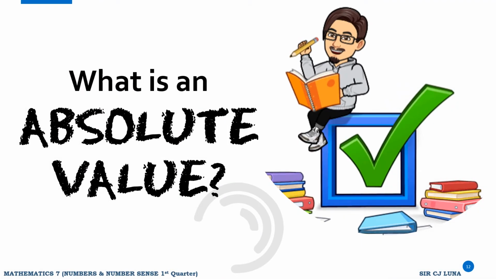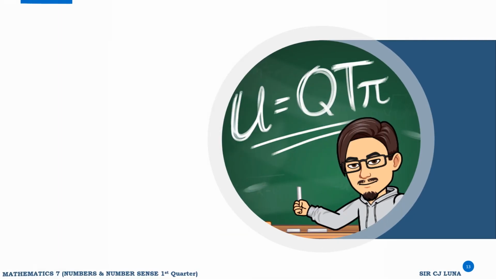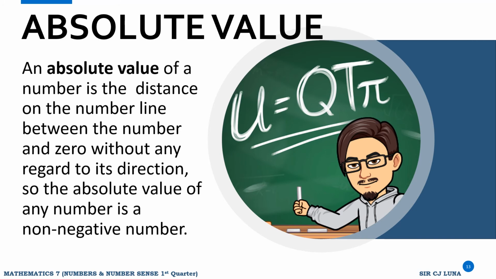Ngayon naman, i-apply natin yung ating natutunan dun sa konsepto ng opposites. So, meron tayong tinatawag na absolute value. So, what is an absolute value? An absolute value of a number is the distance on the number line between the number and 0 without any regard to its direction. So the absolute value of any number is a non-negative number.